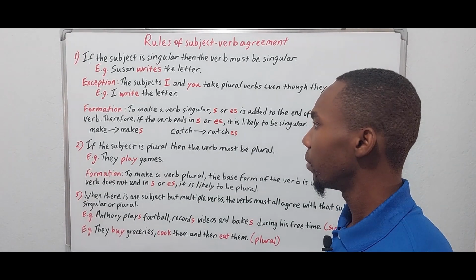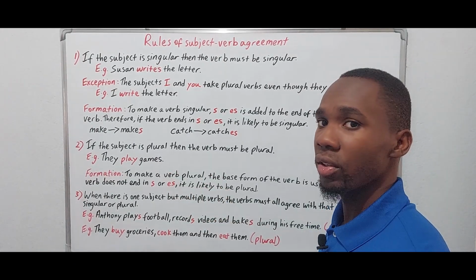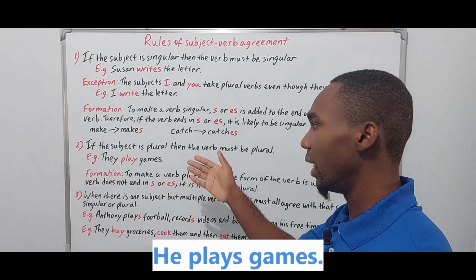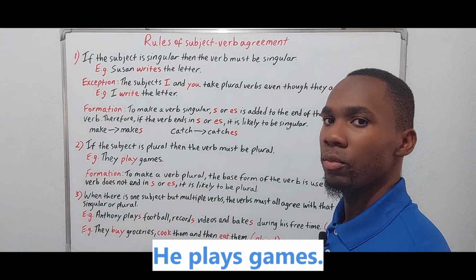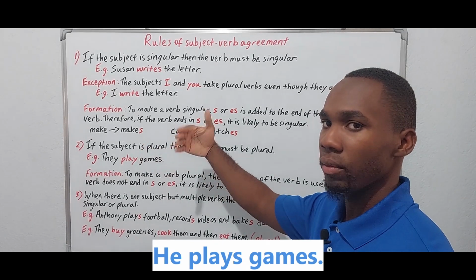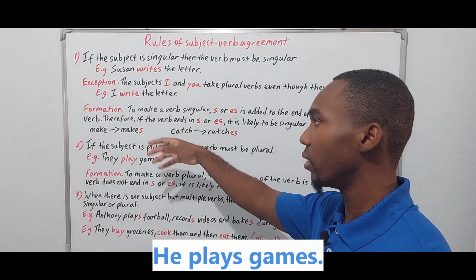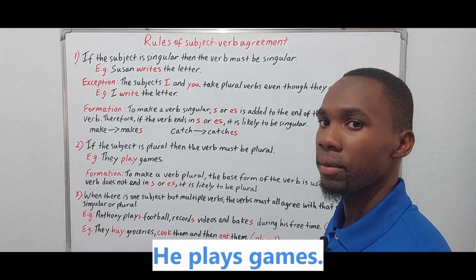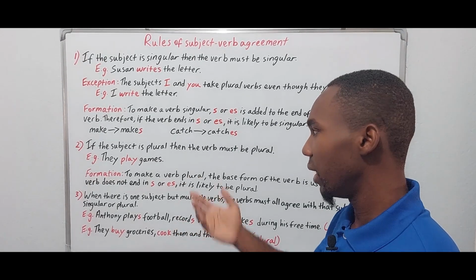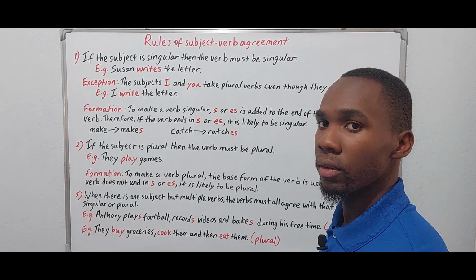So yes. If I want to make that singular, I would say, let's say, he plays games, right? So you see that rule of adding the s. See, he plays games, if we want to make that verb singular.